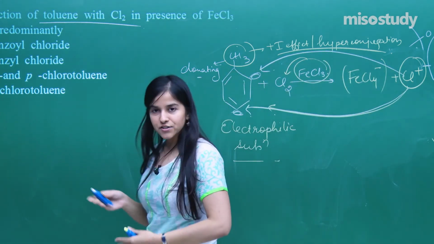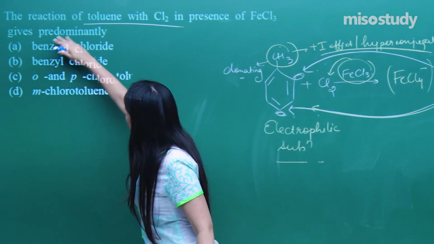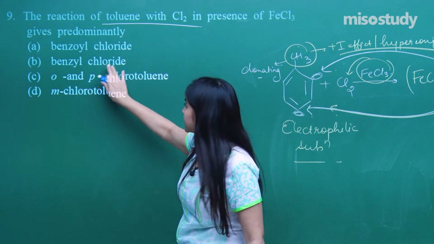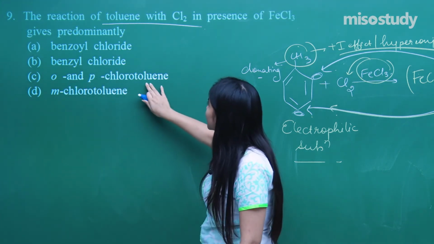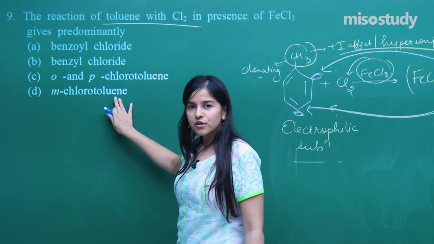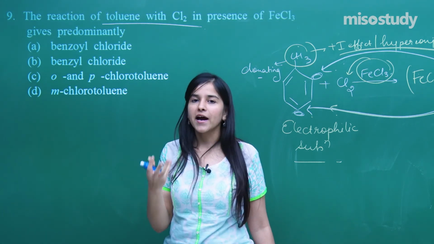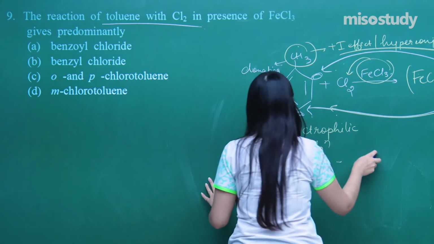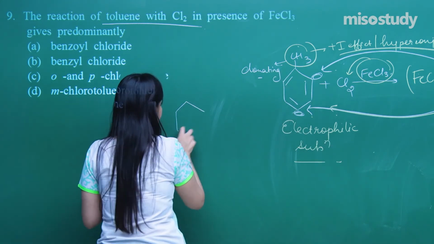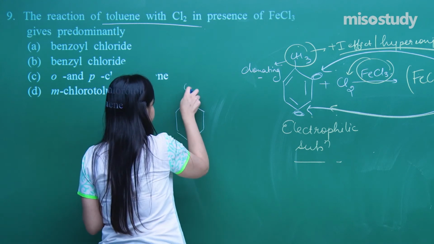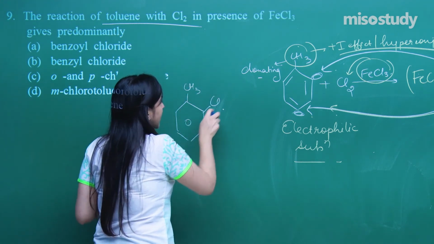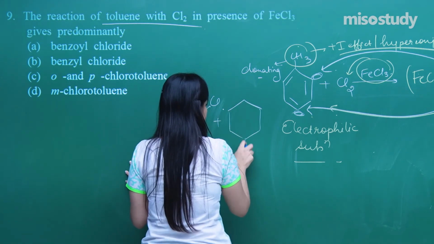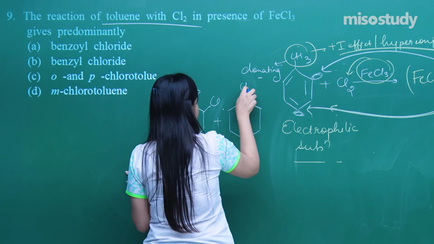So here let us just analyze the options. It will give what? Benzoyl chloride, benzyl chloride, ortho and para chlorotoluene and metachlorotoluene. So it is ortho and para chlorotoluene. We get two products over here. What two products? I am just drawing it over here. First I attach the chlorine onto the ortho, plus again I attach the chlorine onto the para.